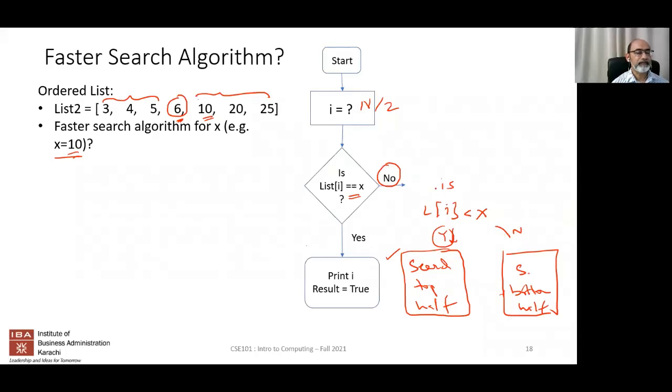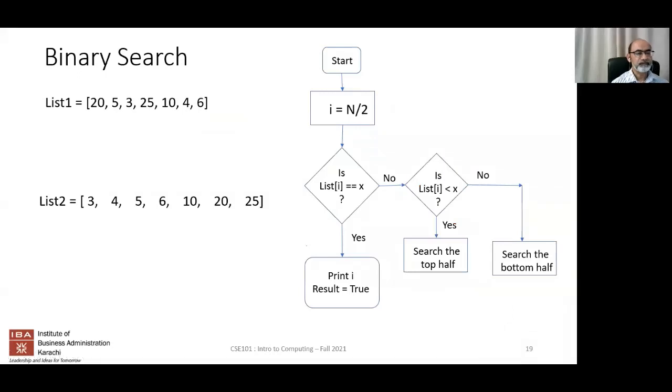I have a question about the start. You wrote I is equal to n upon 2. Since I starts at 0, aren't we supposed to take n? Good point. I'm sort of ignoring the boundary conditions and details.